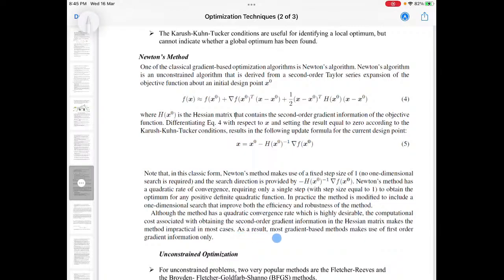As a result, most gradient based methods neglect the second order term and make use of only the first order gradient information.